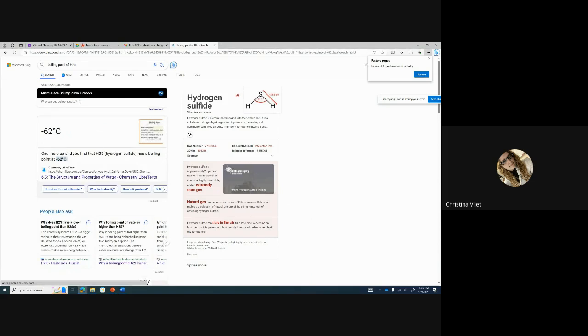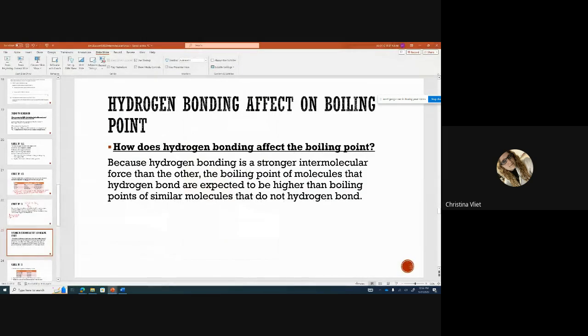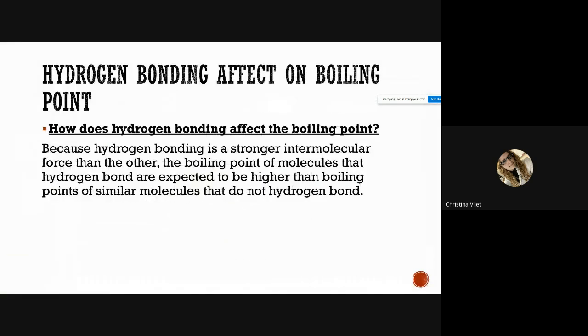Sulfur has more electrons than oxygen, do you agree? The boiling point of water is 100 degrees Celsius. The boiling point of hydrogen sulfide is negative. Water, being smaller, less electrons, has a way higher boiling point. And so the explanation of why is hydrogen bonding. So because of the special stronger dipoles between water, this gives water a much higher than expected boiling point compared to similar molecules.